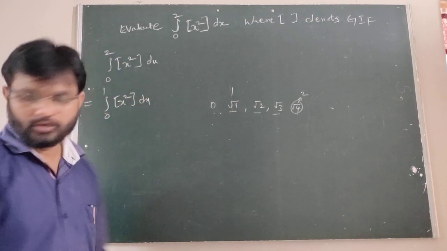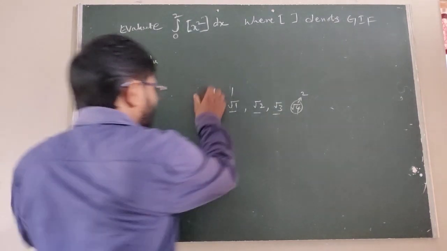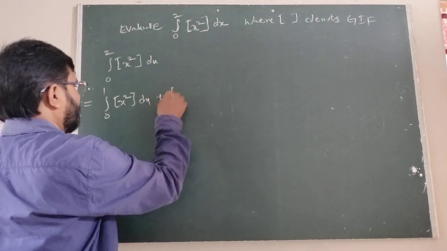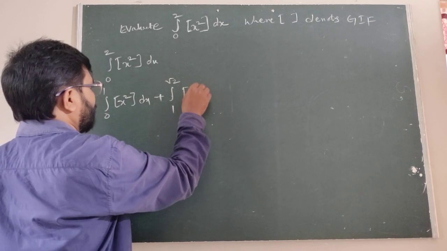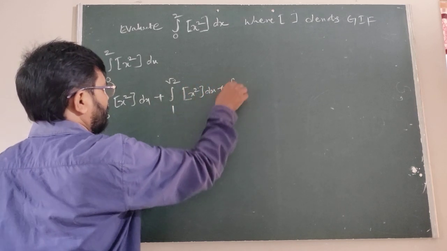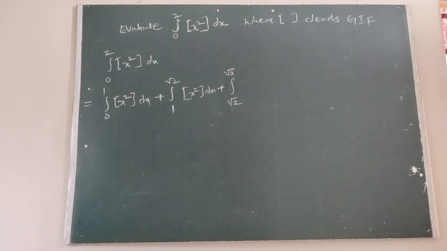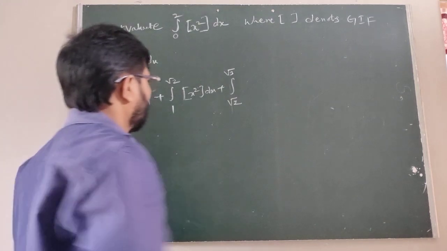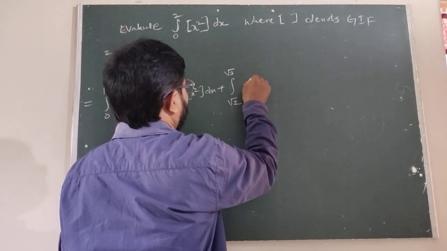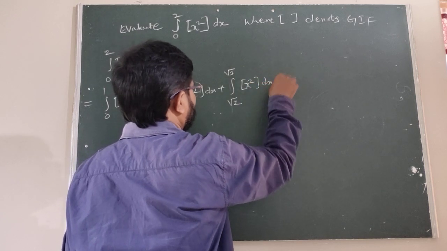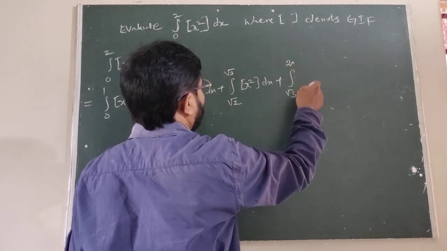After then 1 to root 2, integral 1 to root 2 step of x square dx. Then root 2 to root 3, integral root 2 to root 3 step x square dx. After then root 3 to 2.